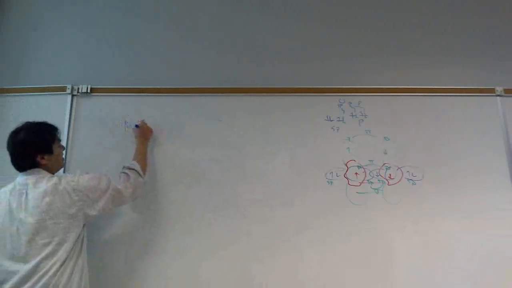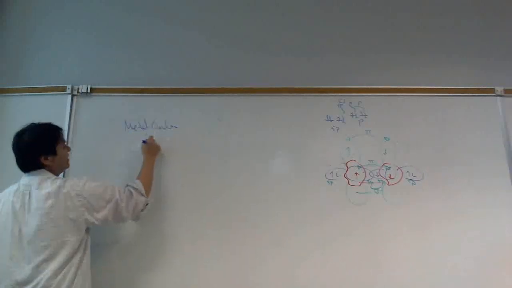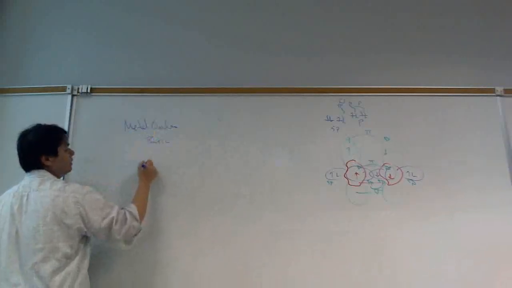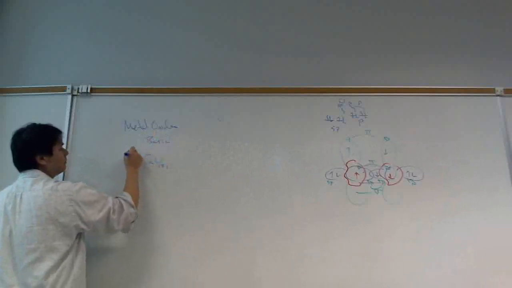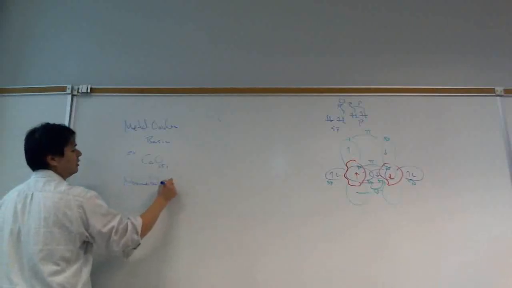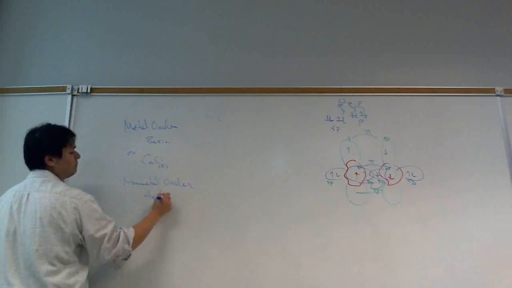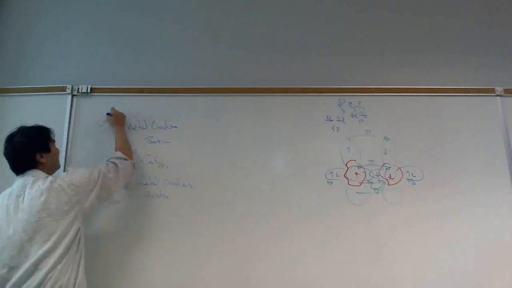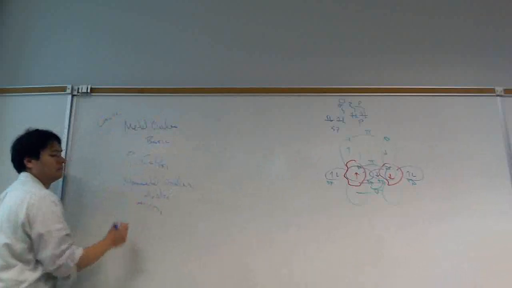Metal oxides are what we call basic, like calcium oxide. So it's calcium oxide. Non-metal oxides are acidic. This is Lewis. Acidic like a CO2 example.